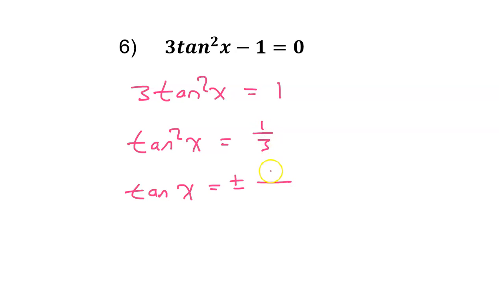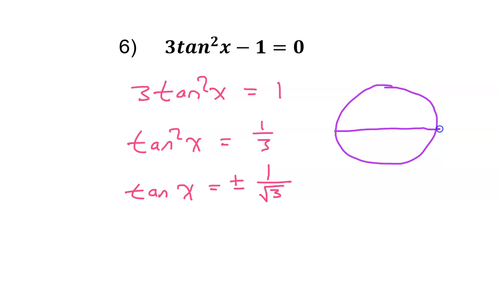And the square root of 1 is just 1. The square root of 3 is just the square root of 3. So tangent x is equal to plus or minus 1 over radical 3. What is the reference angle in this situation? Hopefully you were thinking the reference angle is pi over 6.